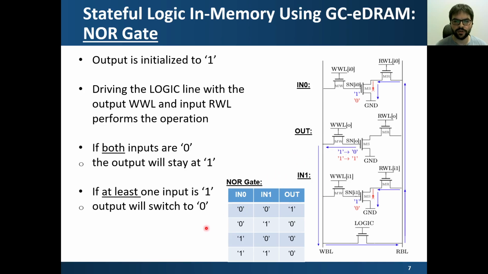And now again, if we compare to the truth table of a NOR gate, we see that we got the correct logic operation. Both inputs are 0, then the output won't change and it will remain at logical 1. And if at least one of them is 1, then the output will discharge and we get logical 0 at the output. So this is basically the basic idea we implement here.